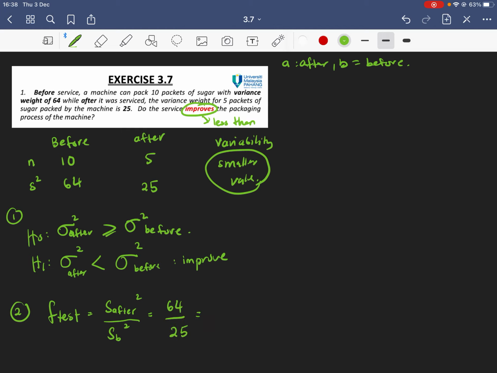So, inverted, 25 over 64 is equal to 0.3906. Okay, step number 3, one tail or two tail? One tail, left or right? Left tail. Okay, left tail.